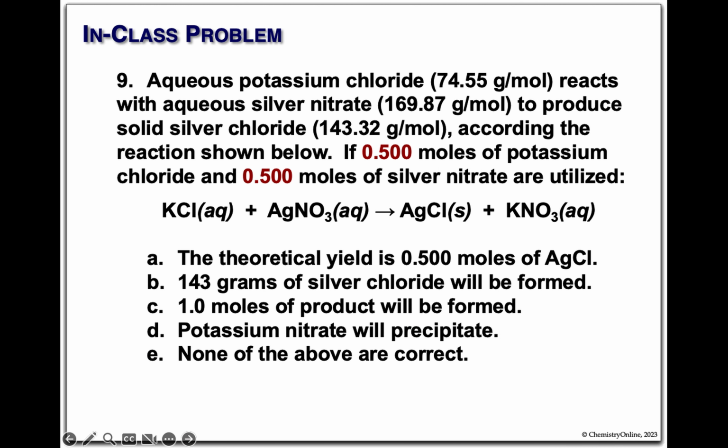All right, we're reacting potassium chloride with silver nitrate. We are going to get a precipitate of solid silver chloride. Here's our reaction. It's a simple double replacement reaction.